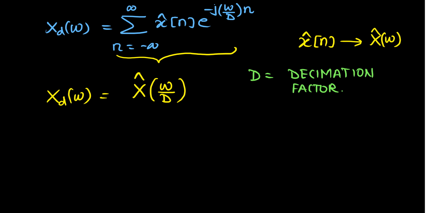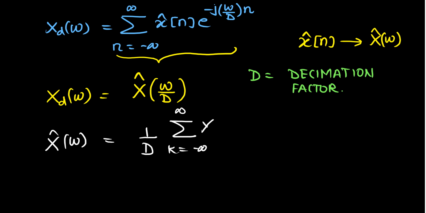Now we had seen in the previous lecture that this x hat of omega can be given as 1 by n. Here the decimation factor as well as the sampling factor is d, so it is 1 by d summation k running from minus infinity to infinity x of omega minus k times omega s.